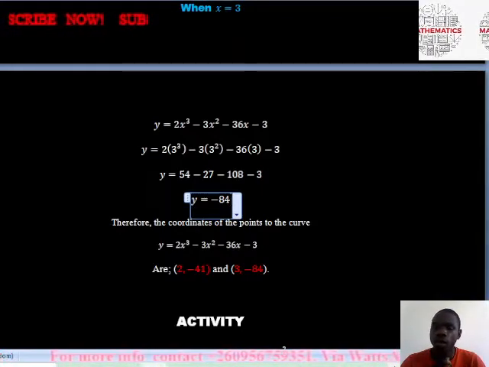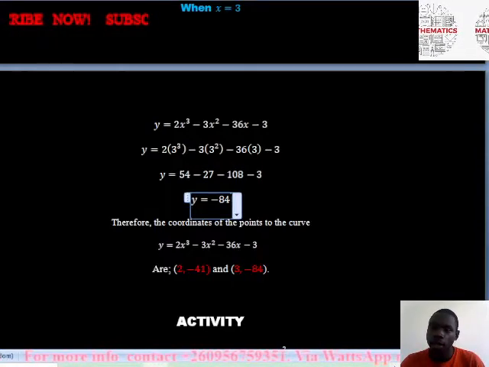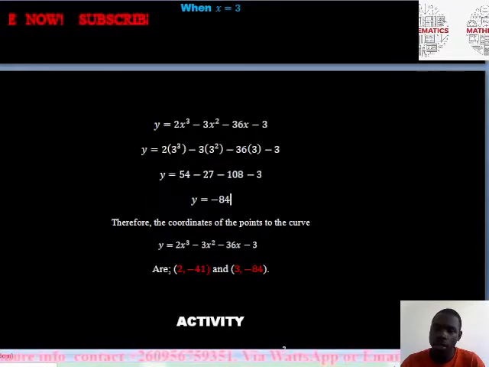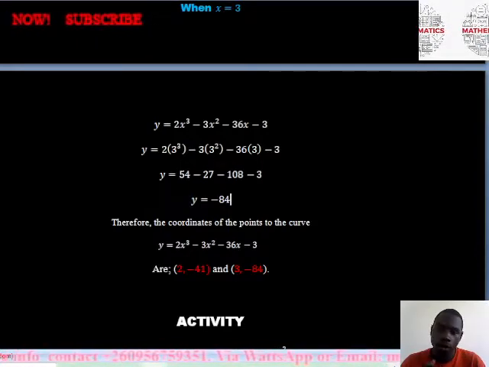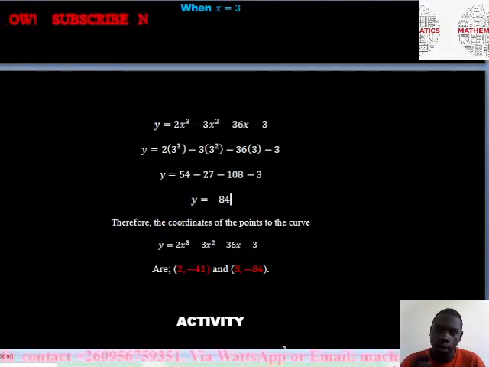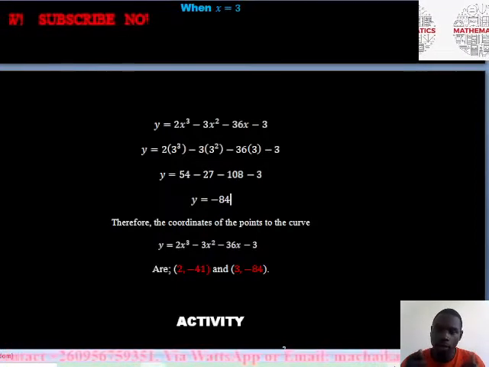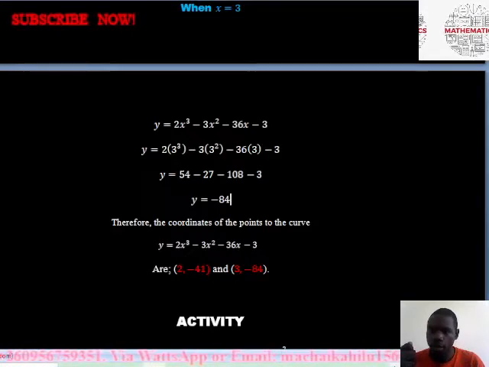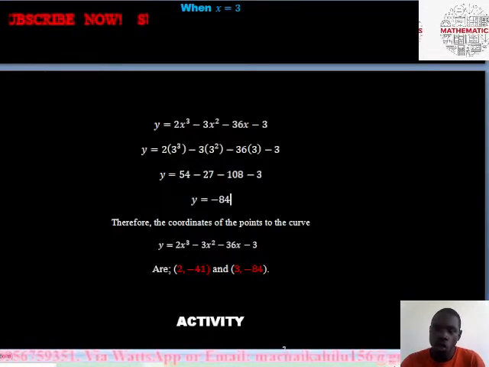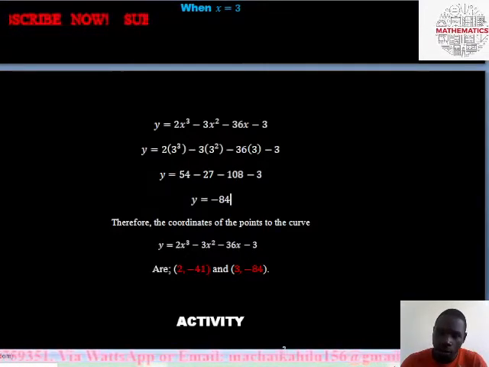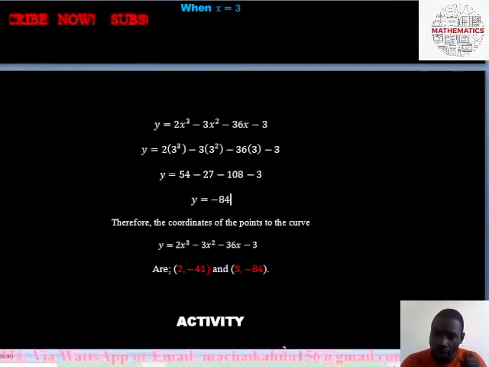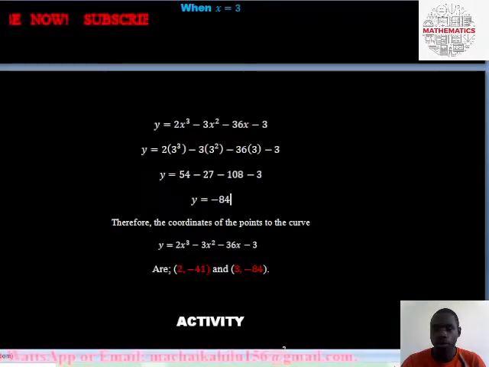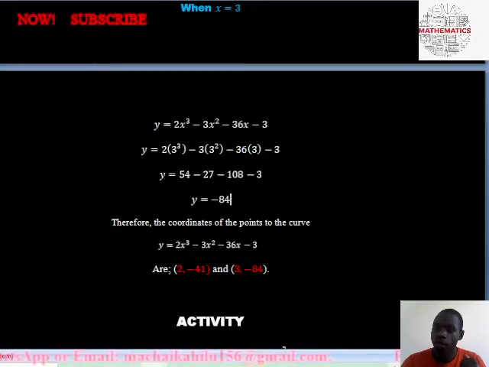So therefore, you can conclude to say the coordinates of the points to the curve y is equals to 2x cubed minus 3x squared minus 36x minus 3 are (-2, -41) and (3, -84).